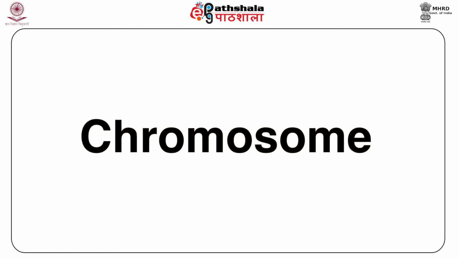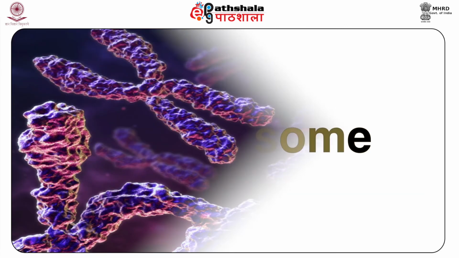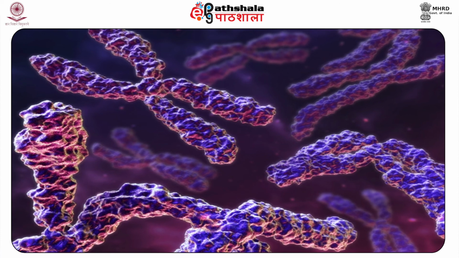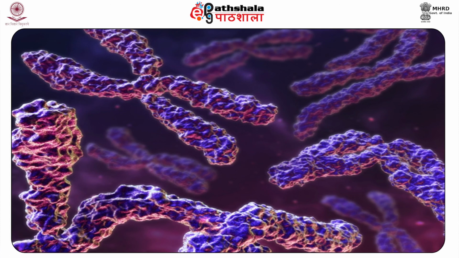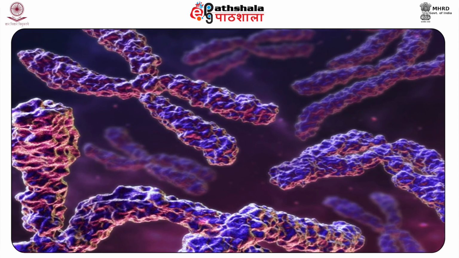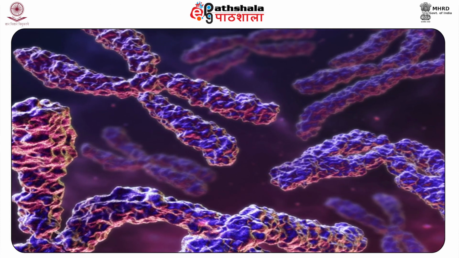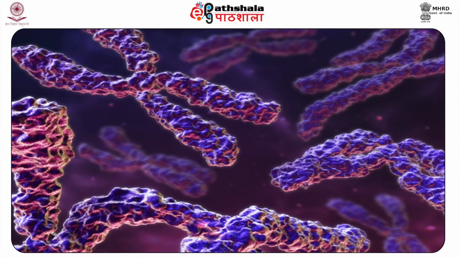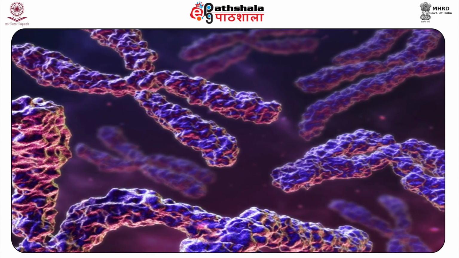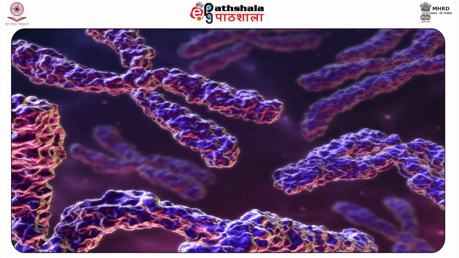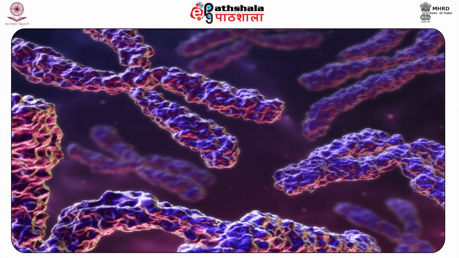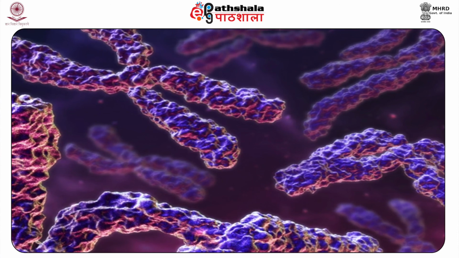Now we will study about chromosome. In the nucleus of each cell, the DNA molecule is packaged into thread-like structures called chromosomes. Each chromosome is made up of DNA tightly coiled many times around proteins called histones that support its structure.